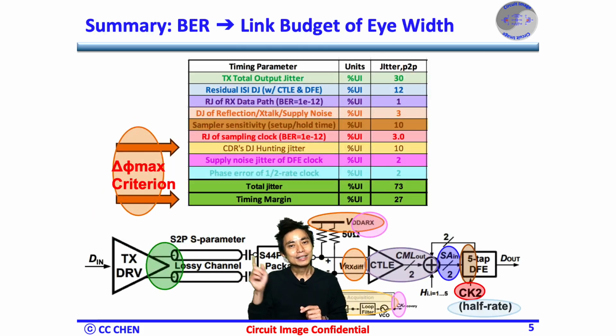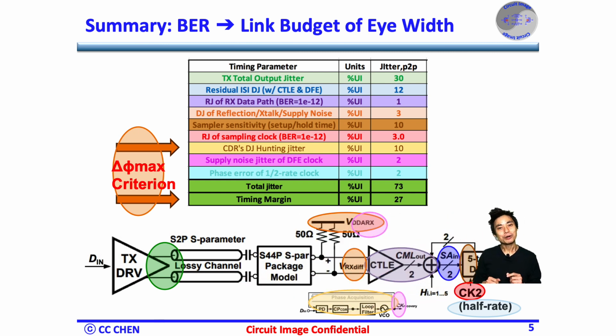Correct. The link budget of the eye width can tell us if we could meet the required bit error rate with the defined jitter margin. Here is the summarized reason why we need a link budget from the analysis of eye width in the simulation, since we know the bit error rate is not an efficient way in the simulation.